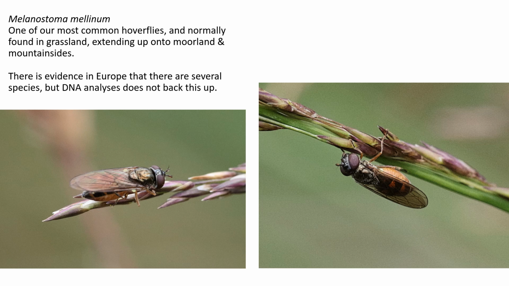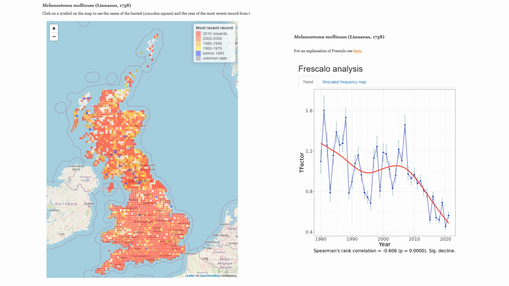Within Europe there is some evidence that there are several species, but I'm not sure that that is taken as accepted within this country. Anyway, the interest is also in the fact that the distribution of this is changing, even though it's very common.